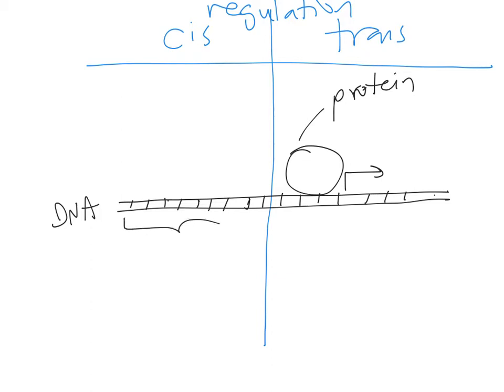So if you've got a promoter, which is the region of the DNA that has sequences that those proteins will bind to and recognize, if it's a repressor, that means it'll turn off transcription. If it's an activator, it'll turn on transcription. Those proteins are encoded by a gene somewhere else, way over here. There's a transcription unit, a gene that produces that protein.